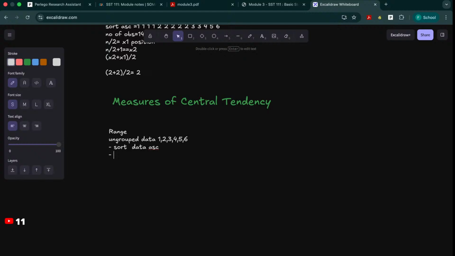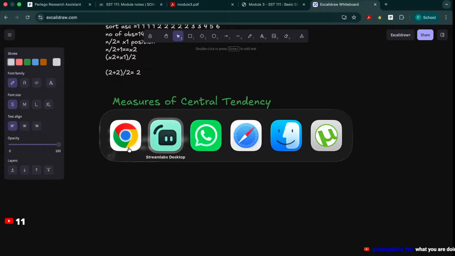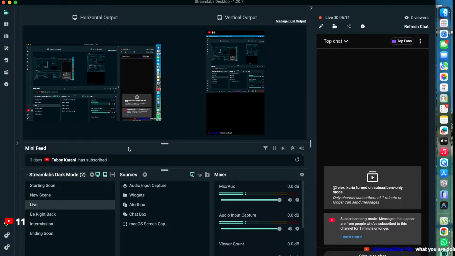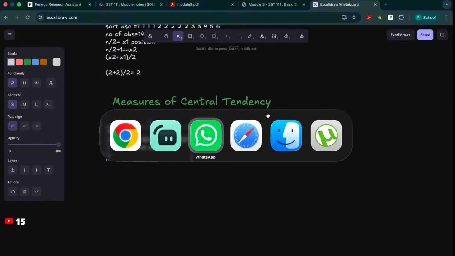Then we pick the highest number. Okay, let me check the chart.